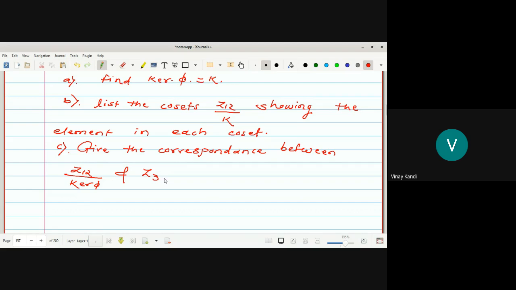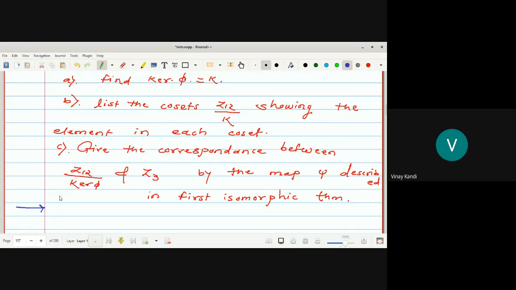And the last question: give the correspondence between Z12 upon kernel of phi and Z3 by the map psi described in the first isomorphism theorem. Okay, answer.